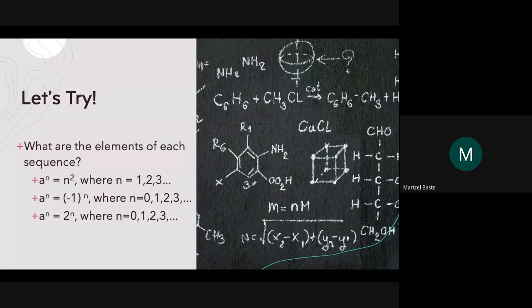You don't have to generate all of them, because it's infinite, but at least show what the elements of each sequence are. Let's try to check. I'll give you time to do that as well as this other one: a sub n equals -1 to n, and then 2 raised to the power of n, where n is 0, 1, 2, 3 respectively. All right, let's try.